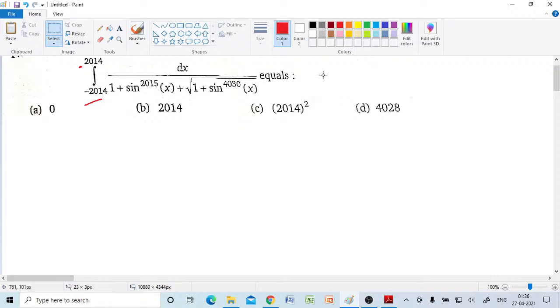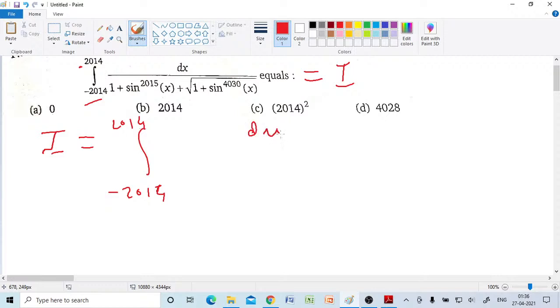So let's define this integral to be some I. Now note that I is basically equal to the integral from minus 2014 to 2014 of dx over 1 plus, 2014 plus minus 2014 is 0.